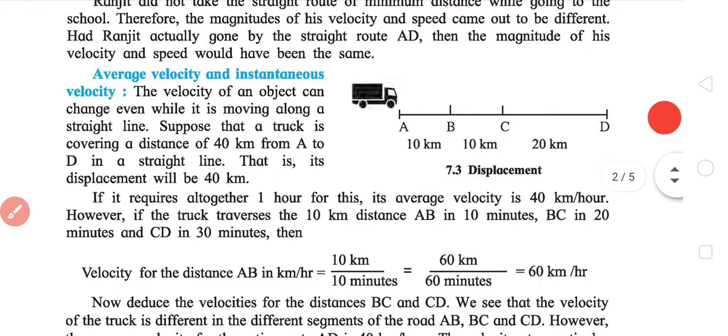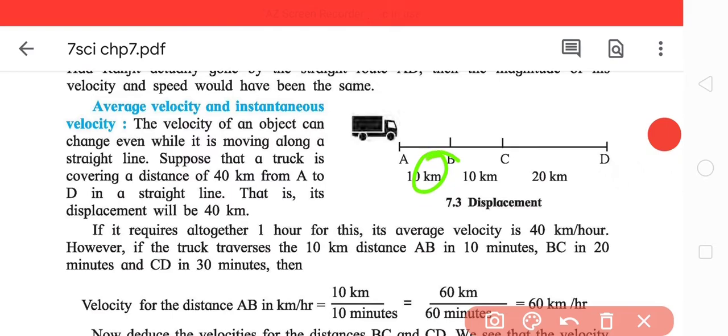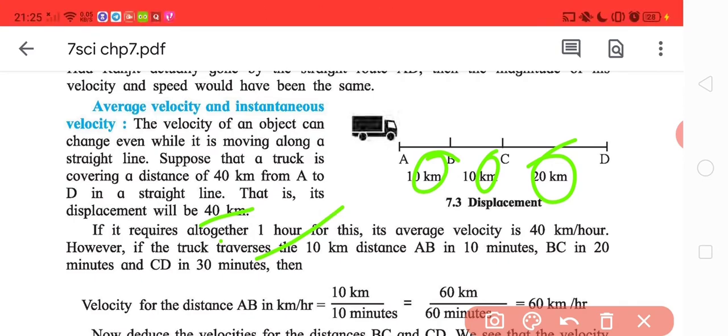If it requires 1 hour for this, then the average speed is 40 kilometers per hour, assuming that you don't have different speeds at different points of time. Basically, you have a distance of 40 kilometers and 1 hour. So velocity is equal to distance upon time, which is 40 kilometers per hour towards D.